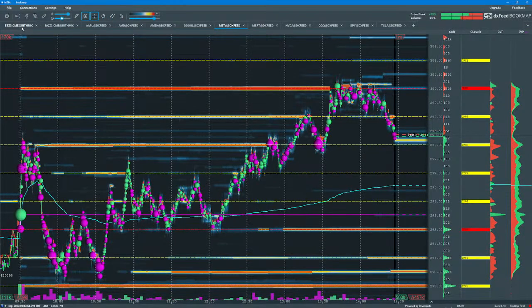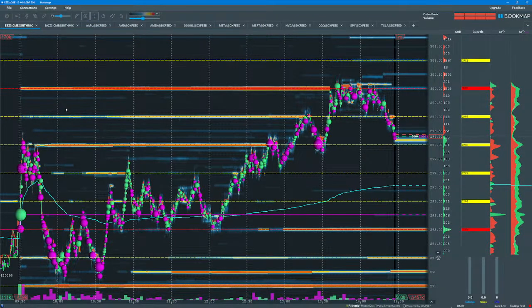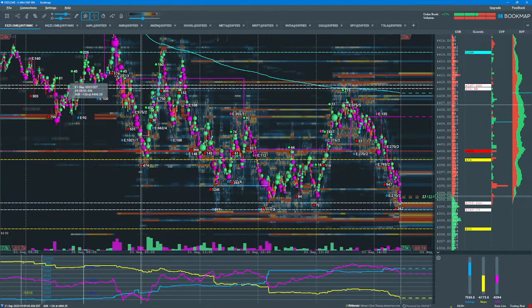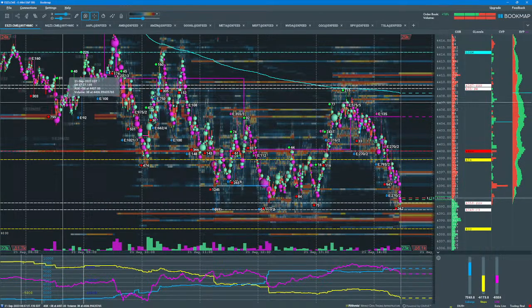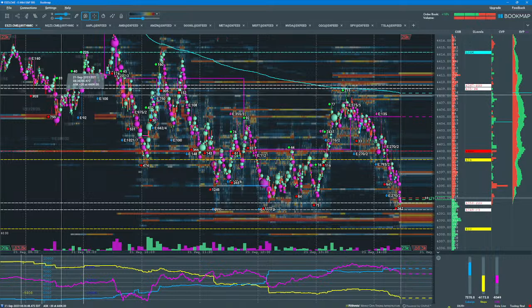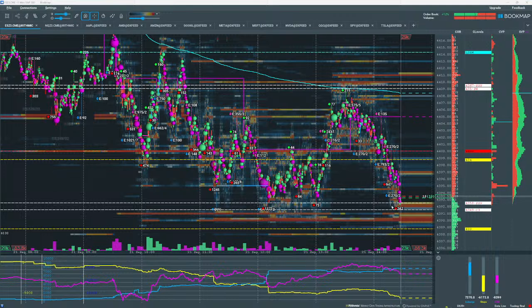Go back to Bookmap. All right, Sorry says ES about to hit a new low. Yeah, it's back to the 43.50 level. That level was noted as support in the Spotgamma AM Founders Note.